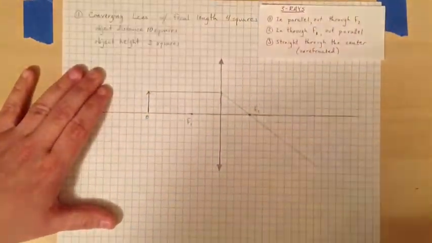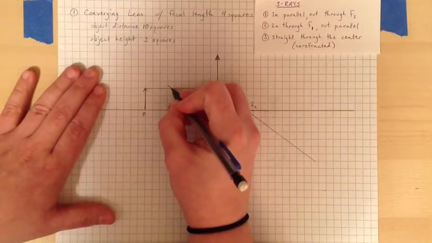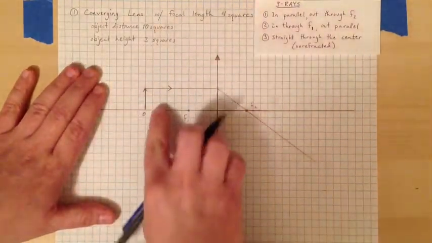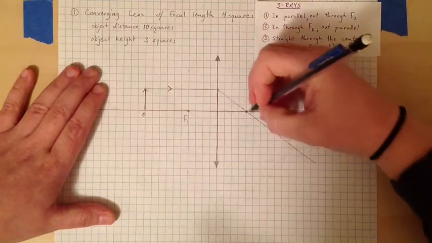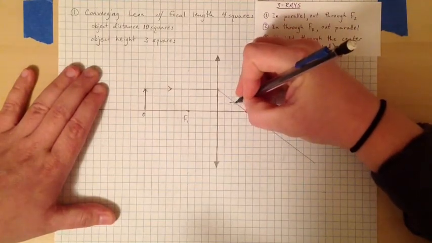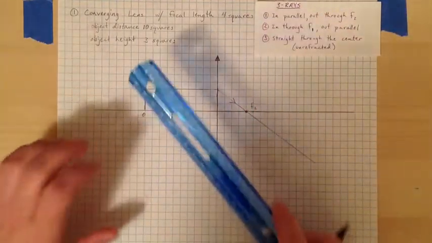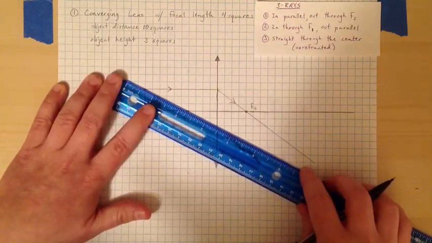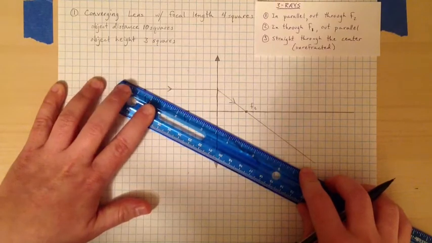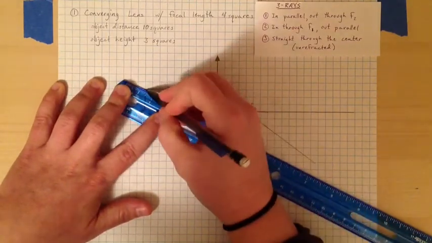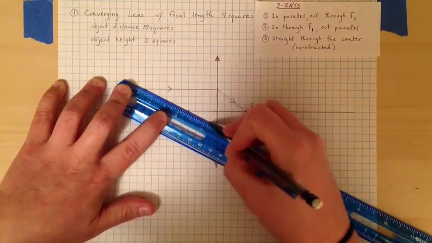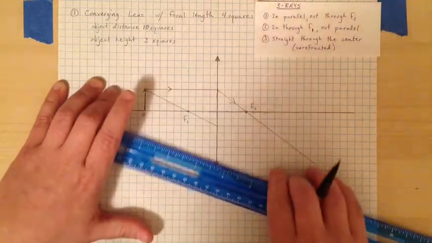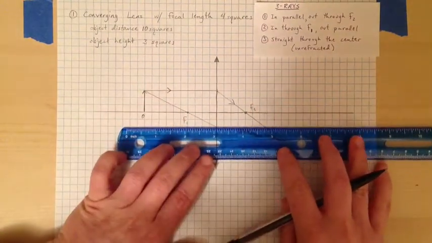Okay, so the light reflecting off the object here goes into the lens and then refracts towards the focal point. My other ray then, if the light reflecting off the object comes into the lens at an angle through the focal point, then the opposite will happen. It will come out parallel.